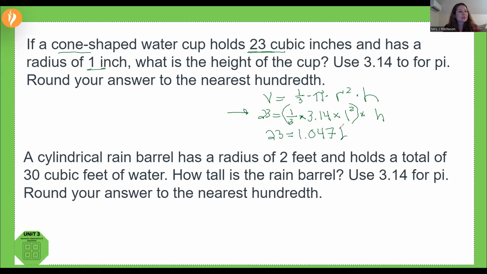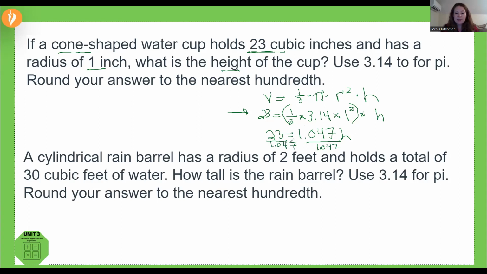23 equals 1.047 times h, okay? So now I want to solve for the height. So how do I get rid of times 1.047? I'm going to divide both sides by 1.047, both sides.